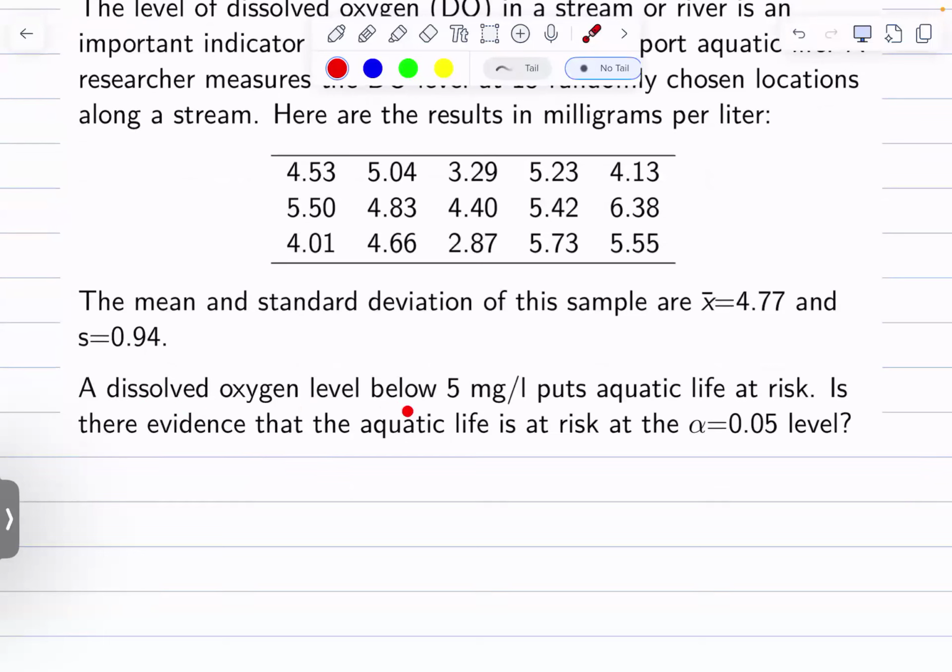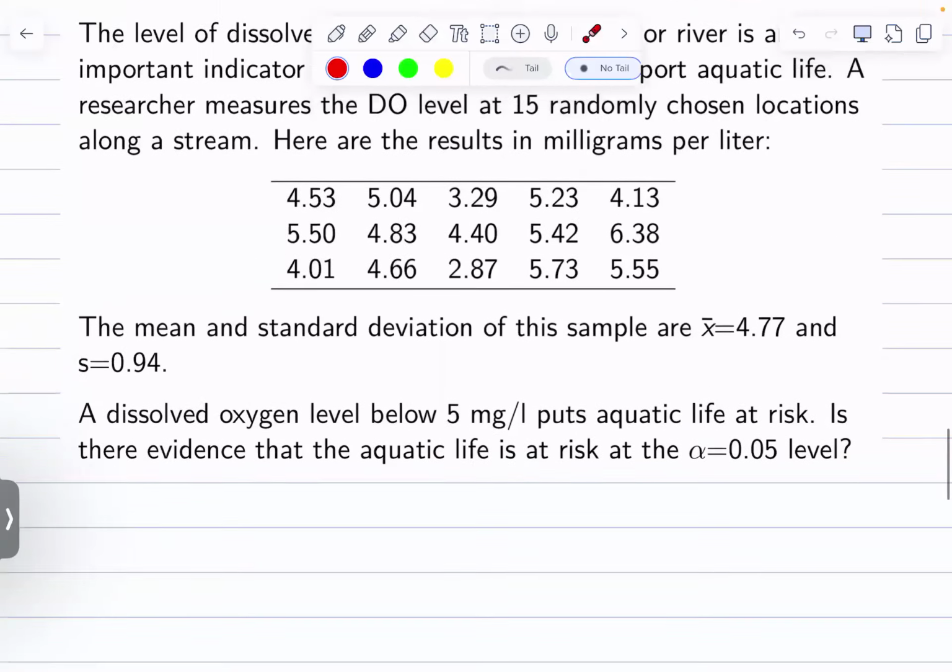A dissolved oxygen level below 5 milligrams per liter puts aquatic life at risk. Is there evidence that the aquatic life is at risk at the alpha equals 0.05 level? Dun, dun, dun. Maybe 5 is, I don't know. Like I said, I just stole it.